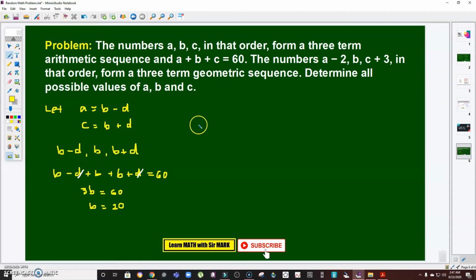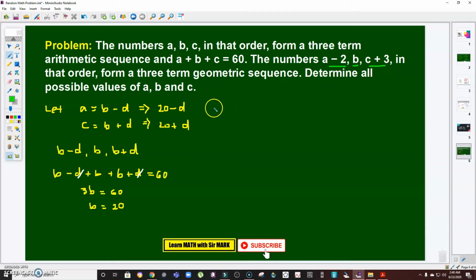See that? Now, this A here will become 20 minus D, while this one will become 20 plus D. Now, what's next? It says here A minus 2, B, and C plus 3 form a geometric sequence in that order.